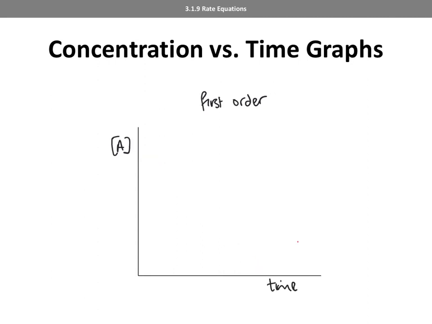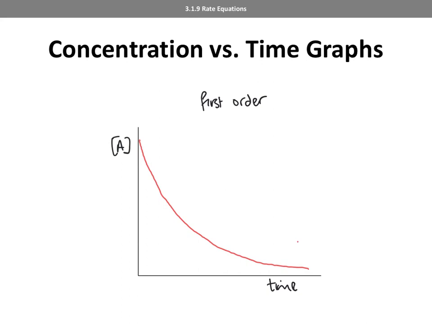If the reaction is first order with respect to A, then the shape of the graph is of the type that you've probably seen many times before at GCSE and in the kinetics. So here we can see that the rate of reaction is fastest at the beginning, and we get this curve as the concentration of A decreases.